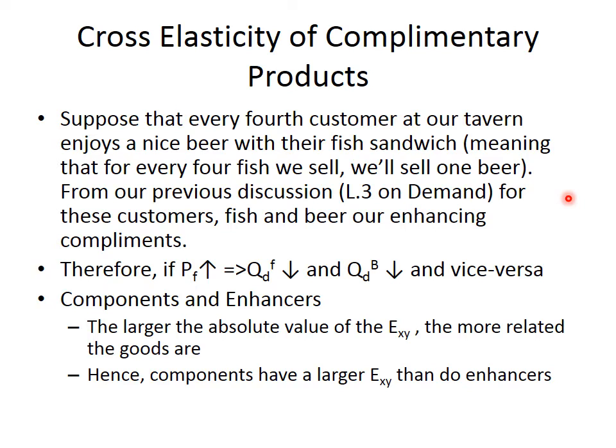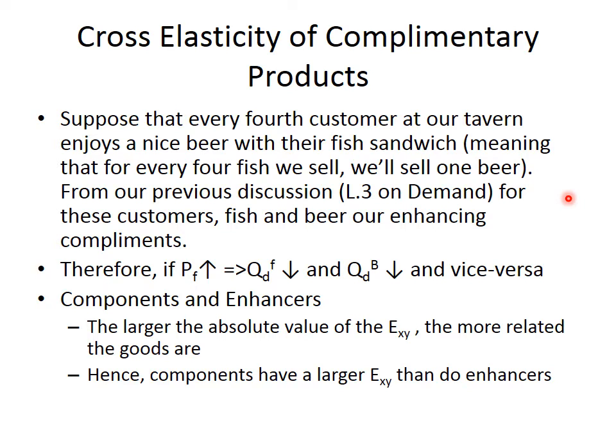What it also means is if beer is a complement for that, the demand for beer is going to go down. We know exactly how much based on that stipulation. For every fourth fish sandwich we lose in sales as a result of the price increase, we're going to lose one beer.